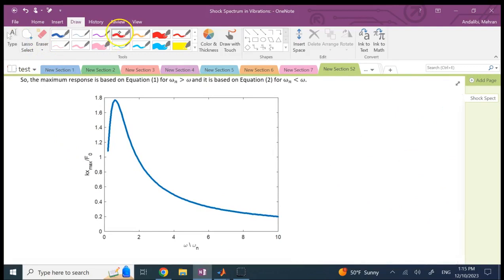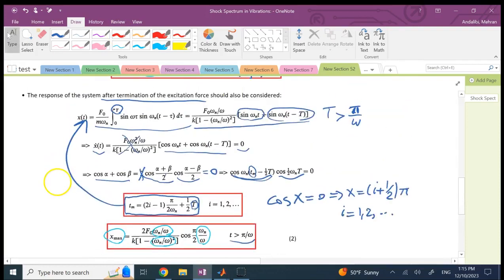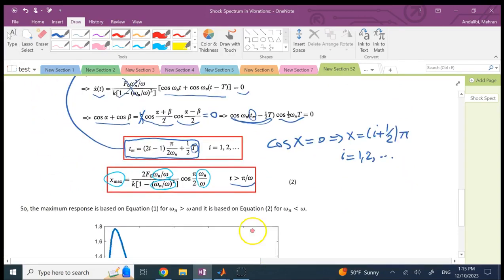Now, the thing is, where would you use equation 1? Where would you use equation 2? So we have to pay attention to that part, and for which ranges of frequencies, for which ranges of omegas. If you look at this equation number 2, remember this x max is the maximum value and is positive.